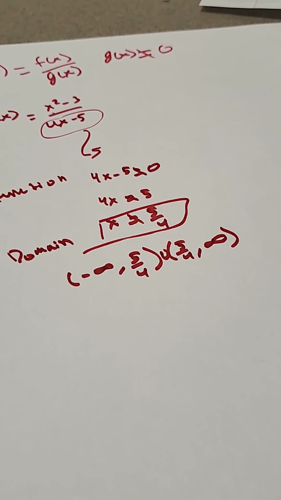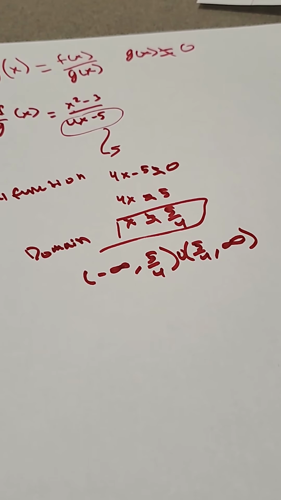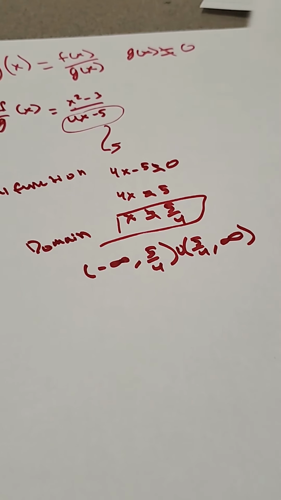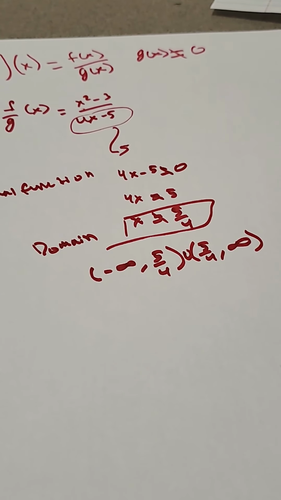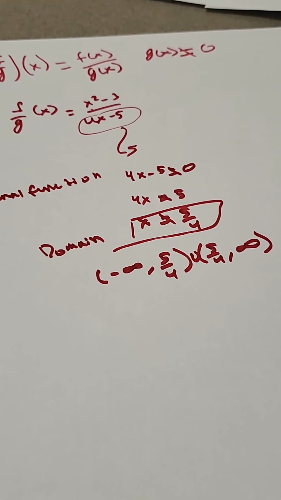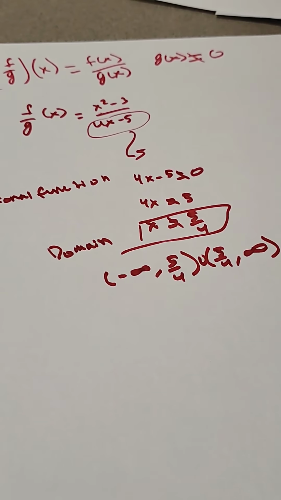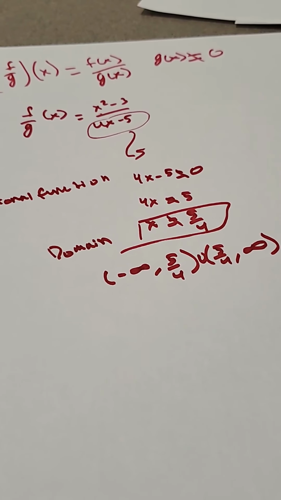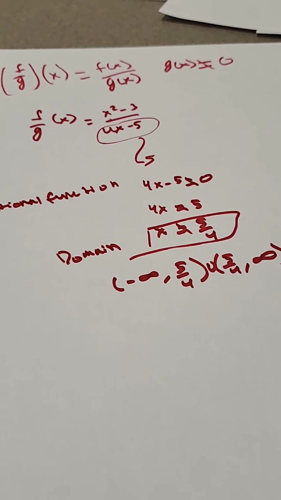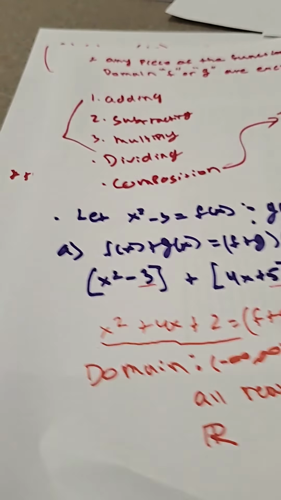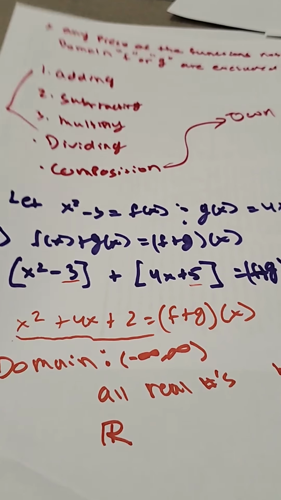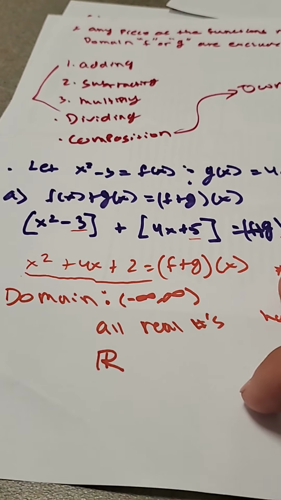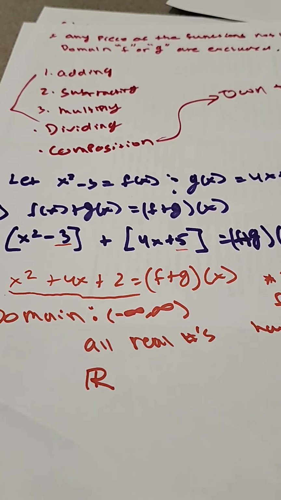So just a quick recap. We have 5 operations: multiplication, division, adding, subtracting. Yeah, so we can add, subtract, multiply, divide, and we can also compose functions, but that's going to be for a later topic. The domain is, we just add the functions pretty much and combine like terms.